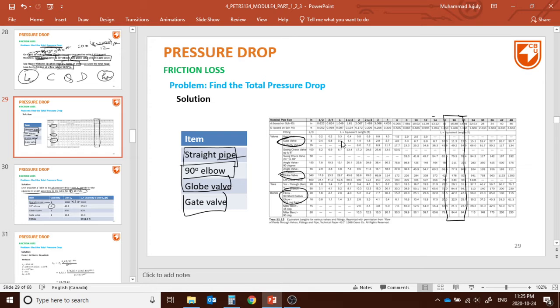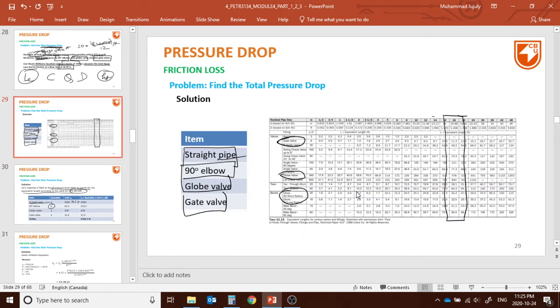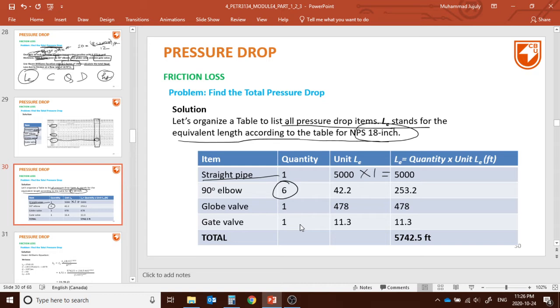So the 90-degree elbow, where is the 90-degree elbow? Here. As you can see, 42.4 here. When it says 90-degree elbow, it's always short radius, not long radius. Remember that. 42.2, right? So we write down 42.2. So 6 times 42.2 is 253.2. Okay, we have a globe valve. How many? 1.